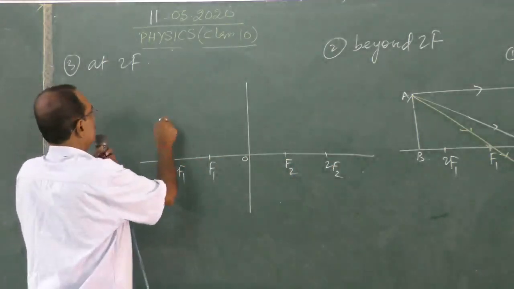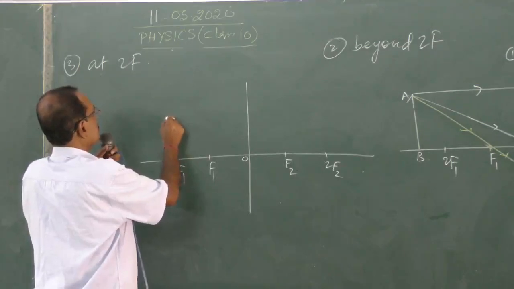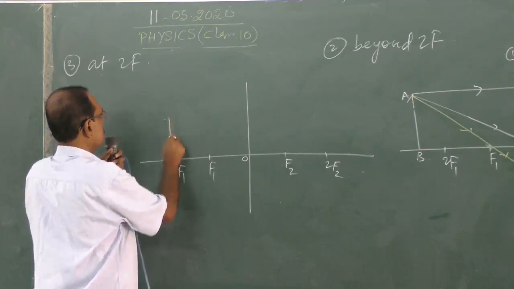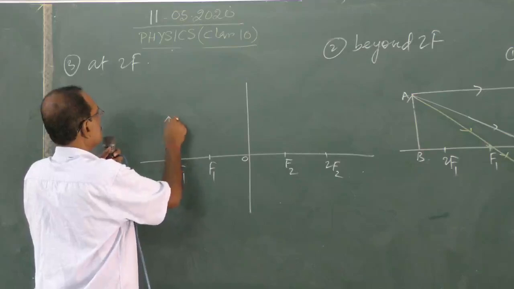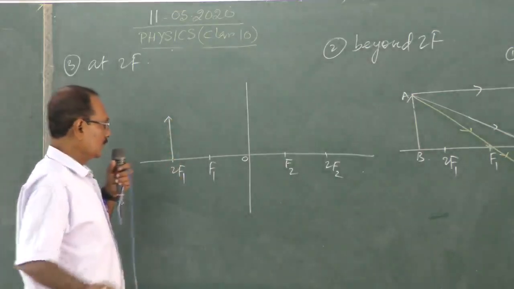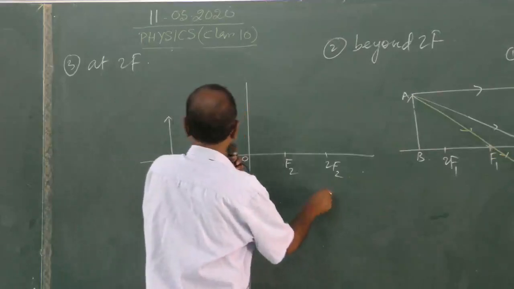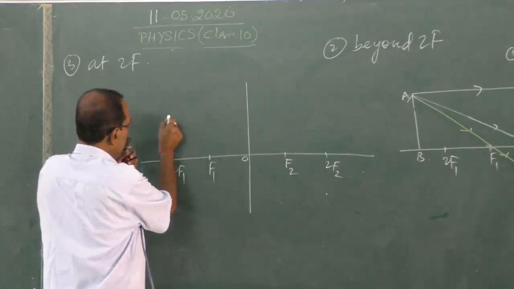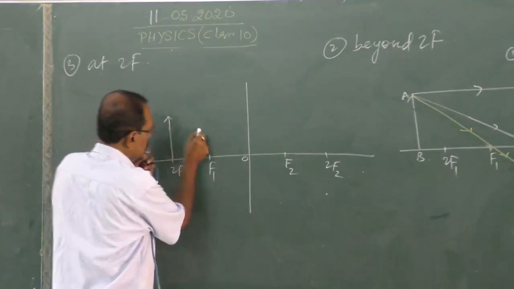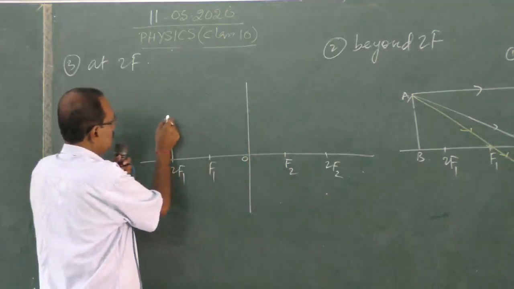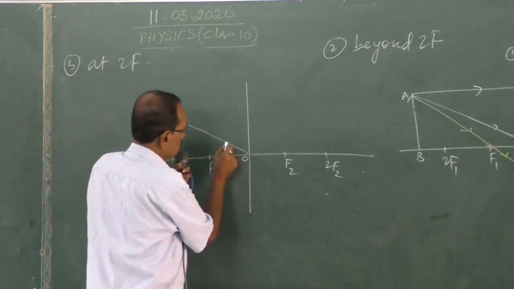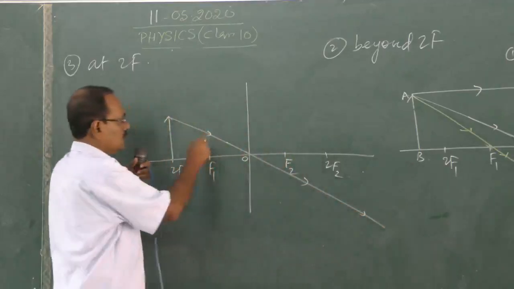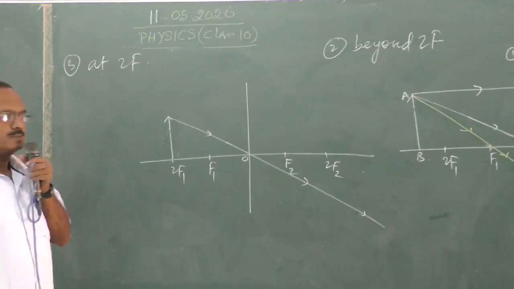Now the object I am taking. One ray will be taken which will pass through the optic center; it will pass undeviated.